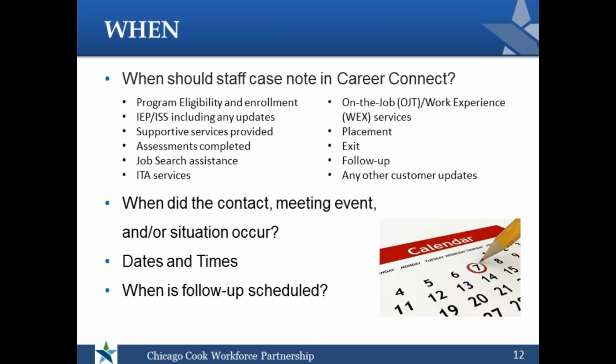When an employment specialist or job developer does any type of job search assistance, resume writing, so forth, anything with jobs. If there's an ITA being provided or worked on, if there is an OJT or work experience services being provided, when somebody gets placed, we want to know, give us some information in the case note, just don't enter the placement.